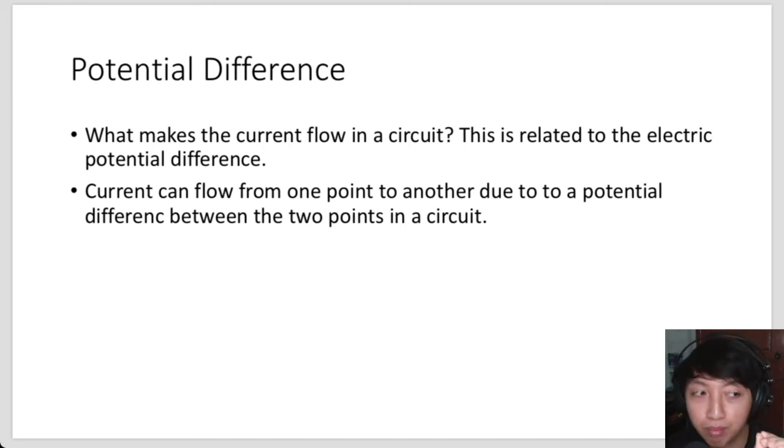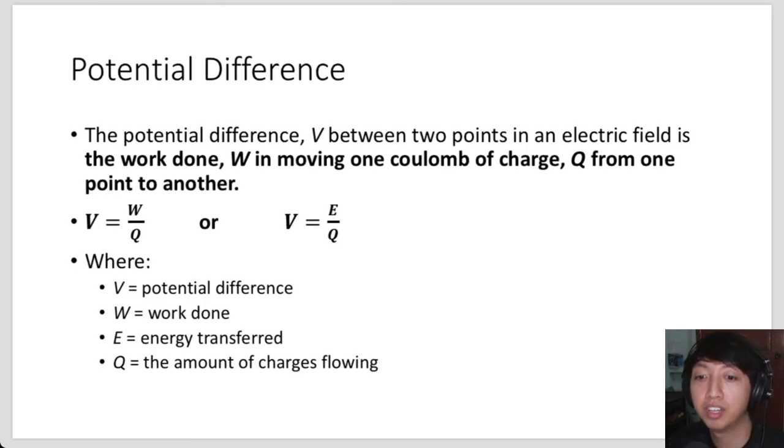That's why we remember in Form 2, if you have a higher voltage, usually that will also result in a higher current or more flow, because there is more electric pressure. So that is a simplified explanation.